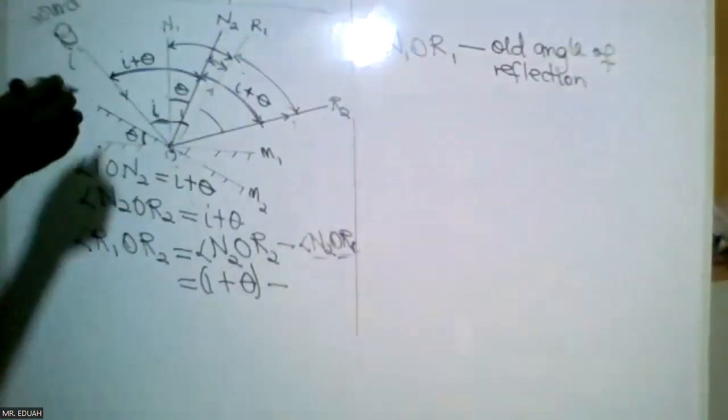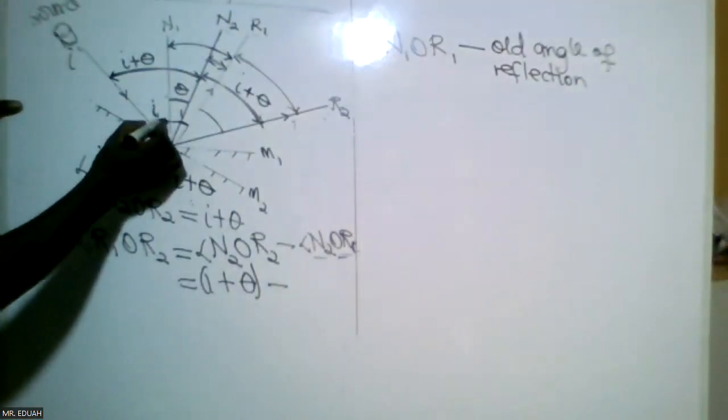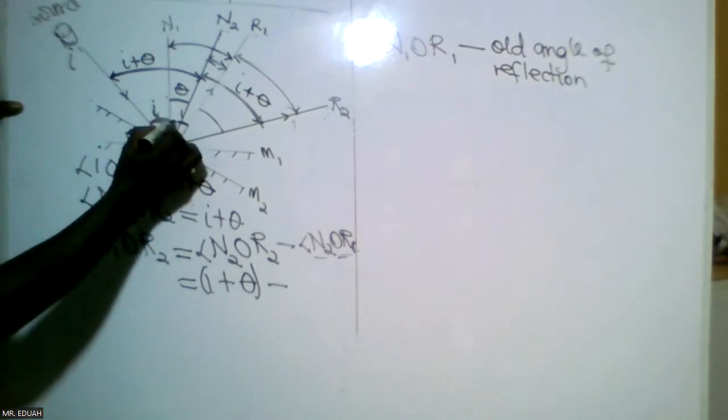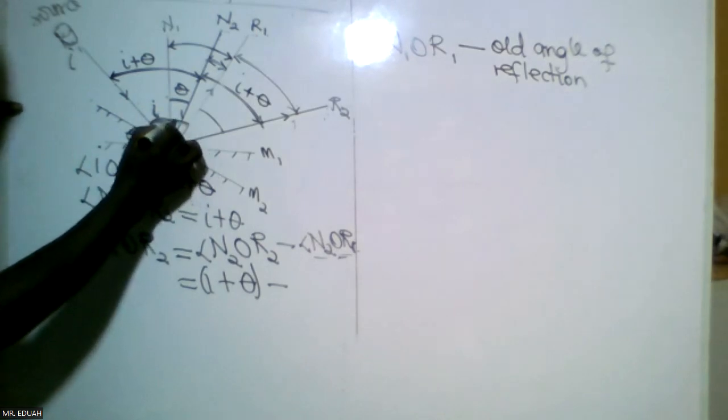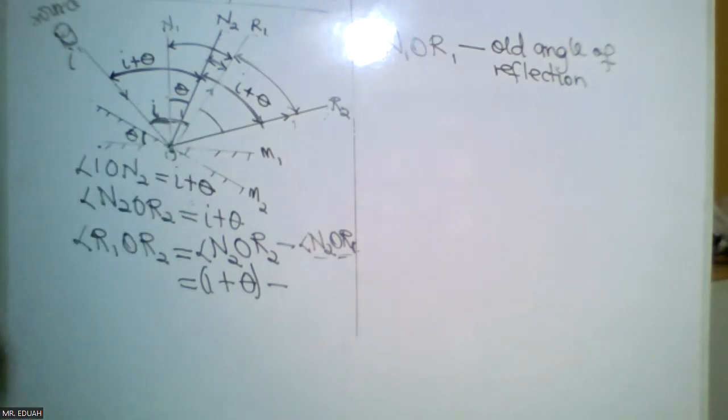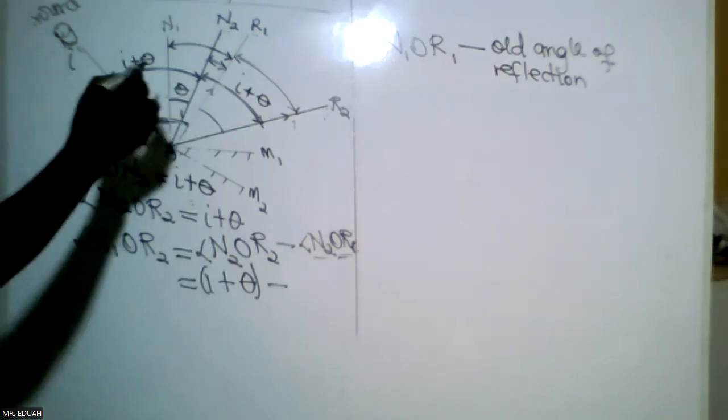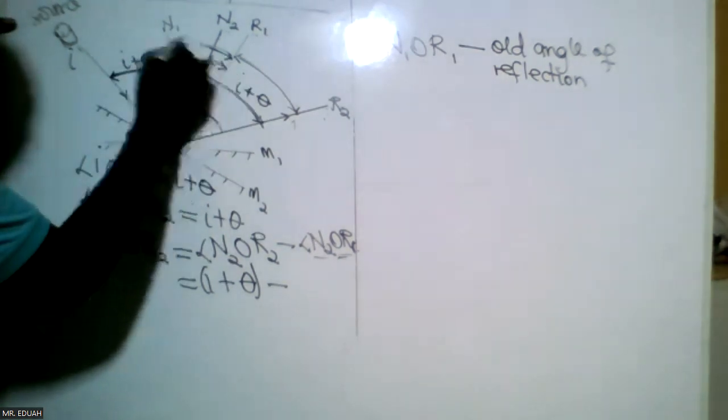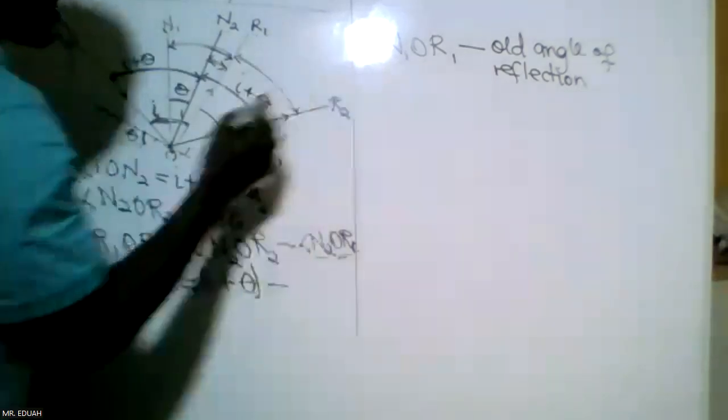So if the old angle of incidence is I, Janice, what will be the old angle of reflection? That will also be I, because angle of incidence equals angle of reflection. So this whole angle N1OR1 is I.